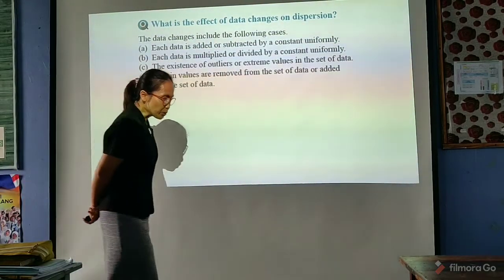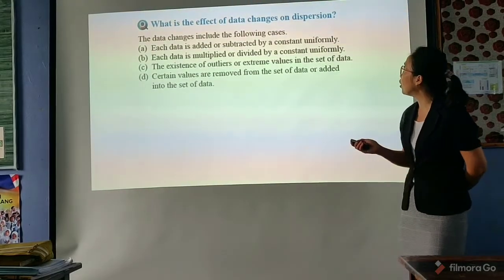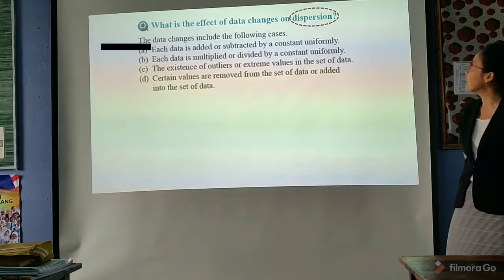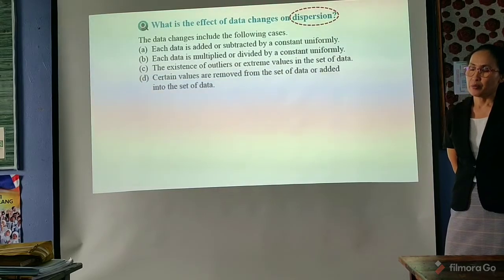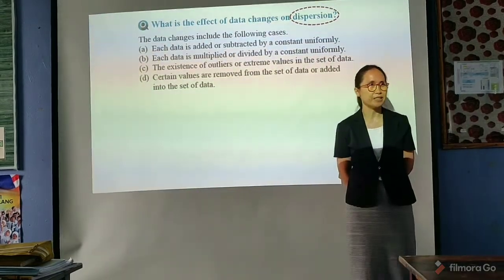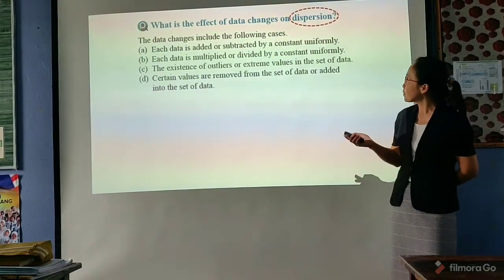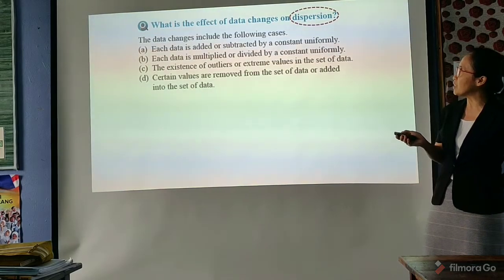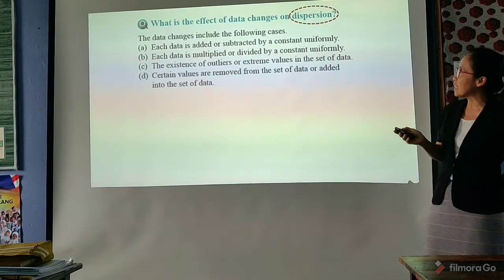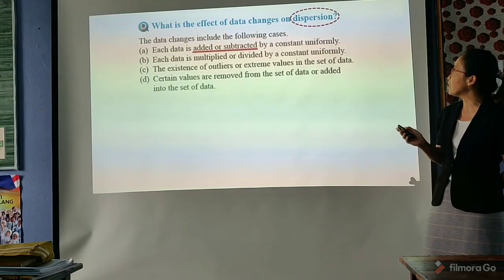Okay, we want to see what's the effect of data changes on dispersion. When we change the data, what will happen to the dispersion of the data? So the first one, what we will change is A. Each data is added or subtracted by a constant uniformly.